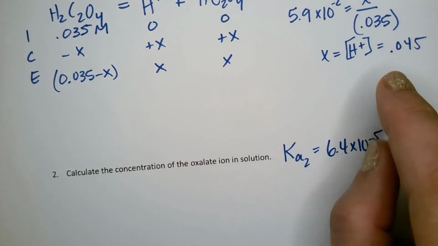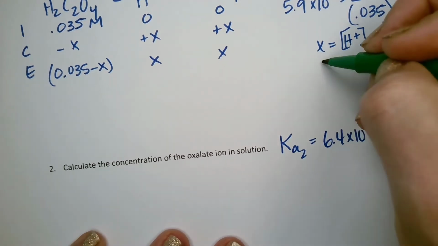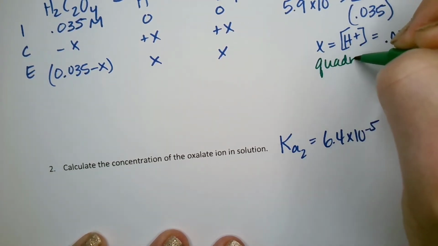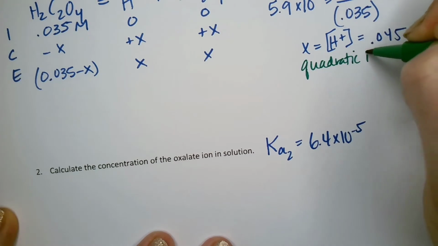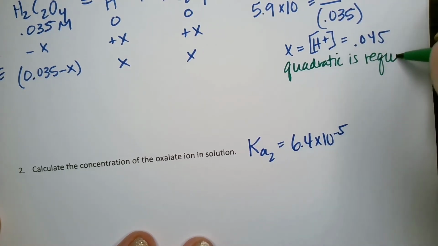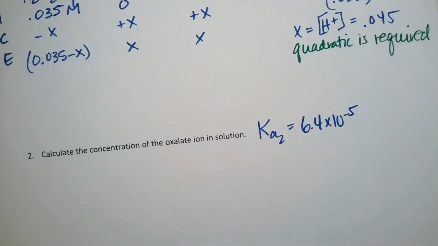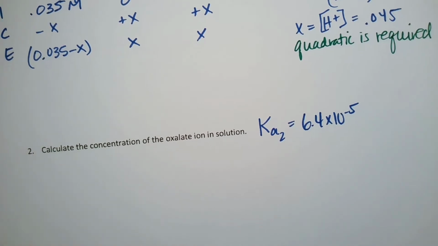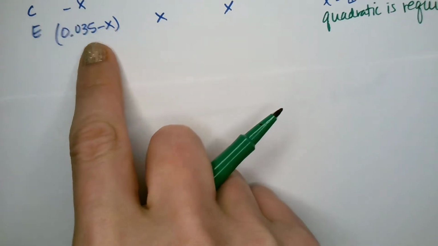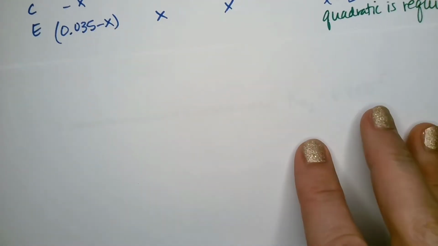So we need to say, nope, the quadratic is required. So we need to back that bus up and plug in and use our 0.035 minus x.